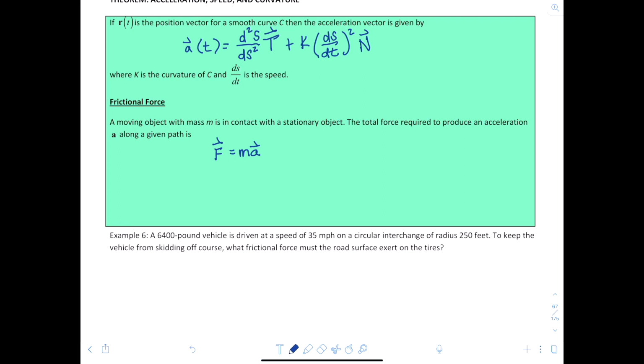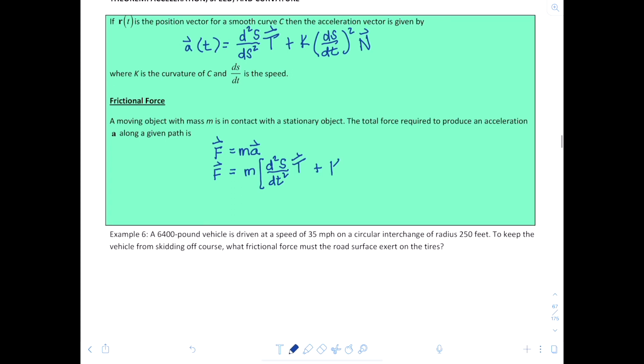So that in turn will be equal to m, and then I'm just going to plug in our acceleration vector, d²s/dt² times the unit tangent vector T plus our curvature k times ds/dt, our speed, squared, times normal vector N. Good so far?